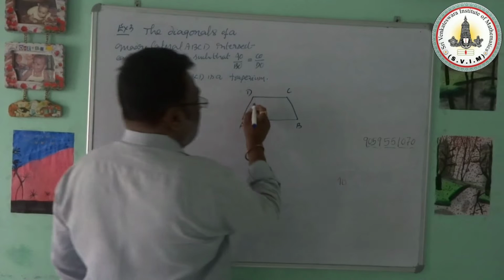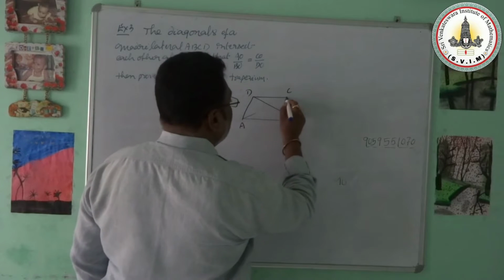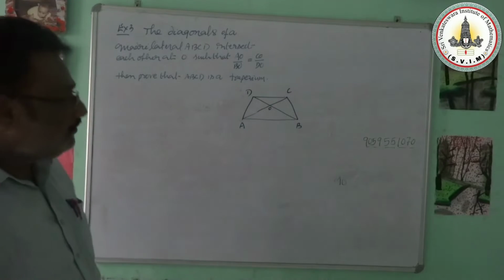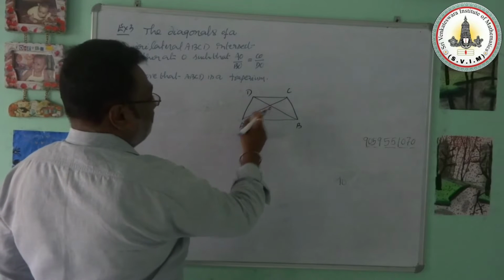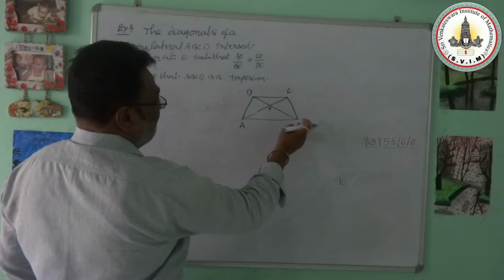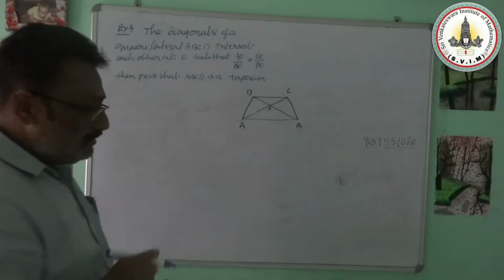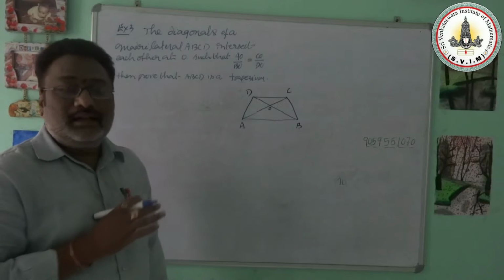In this quadrilateral, diagonals AC and BD intersect each other at O. How are the 2 diagonals intersecting? AO by BO is equal to CO by DO. In that way, the 2 diagonals are intersecting each other in this quadrilateral.